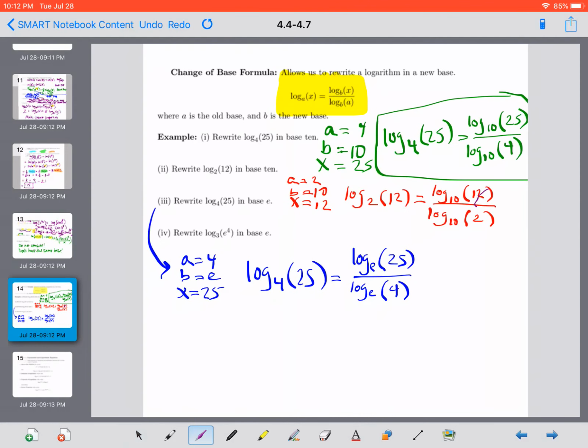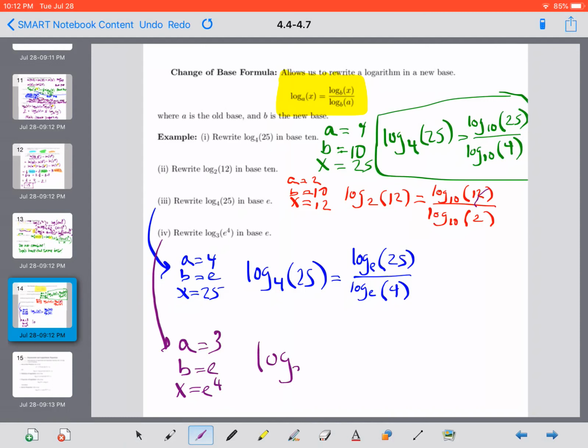For number 4, we want to rewrite log base 3 of e to the 4th in base e. Okay, so our old base, a, is 3, our new base is e, and our inner term, x, is going to be equal to e to the 4th.